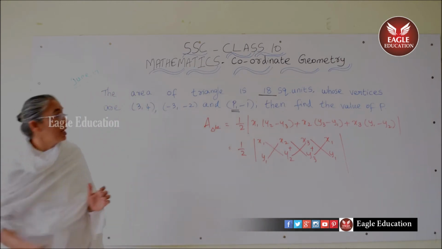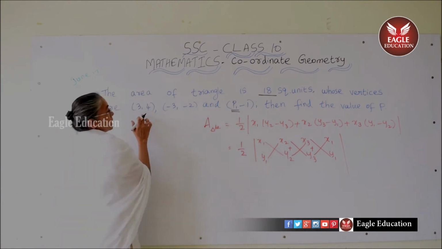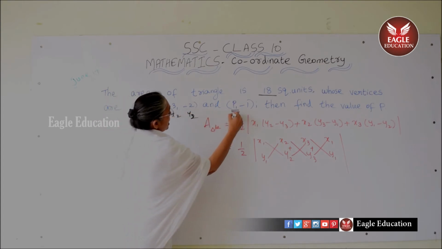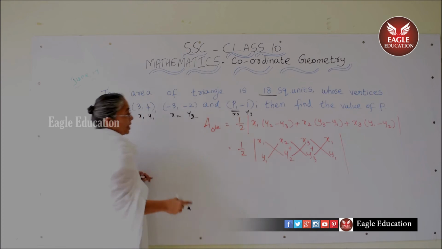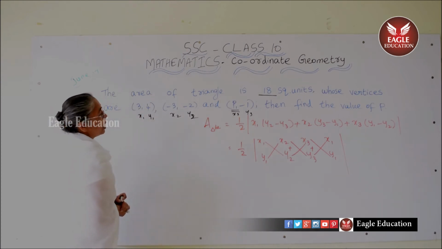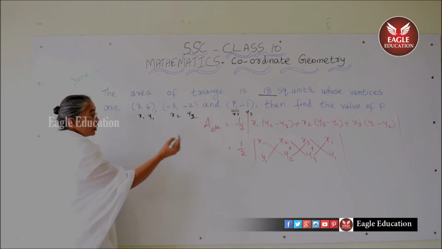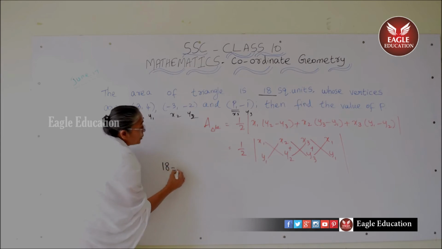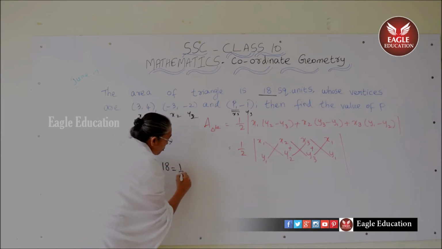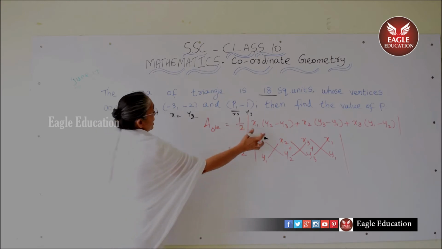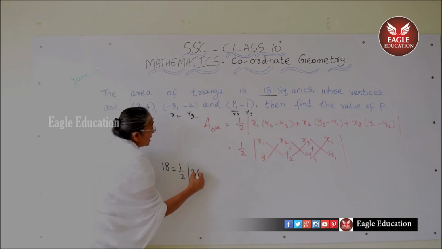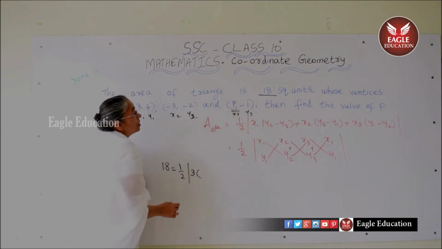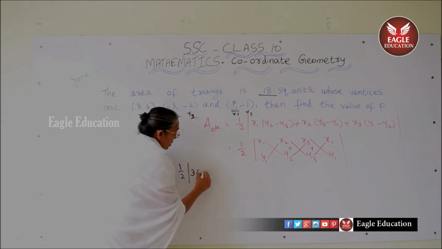Now, substituting in the formula. So, the coordinates are x1 y1, x2 y2 and x3 y3. Here the area of the triangle is given, we have to find the unknown value P. So, let me substitute in the first formula. The area of the triangle is given as 18 square units, which equals half mod of x1 into (y2 minus y3). So, 3 times (y2 minus y3), minus 2 minus of minus 1 plus 1, so minus 2 plus 1, minus 1.